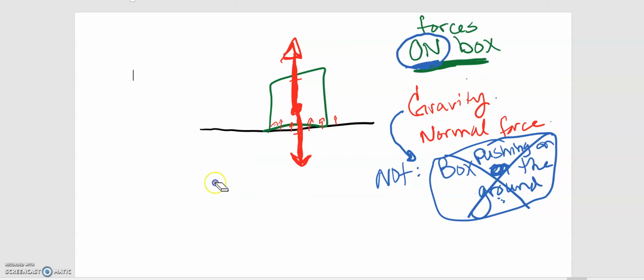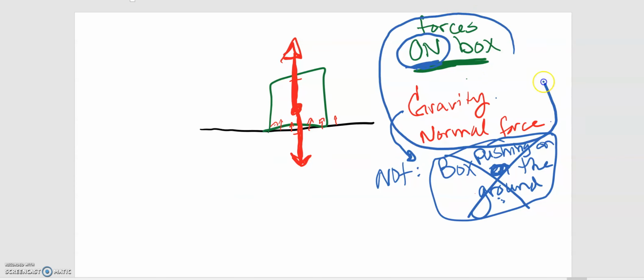But one that it's not really demonstrating, because the question was only forces acting on the box, is the third law of motion. In order to have the third law of motion, we would have to indicate that we have the normal force, so the ground pushing on the box and the box pushing on the ground.